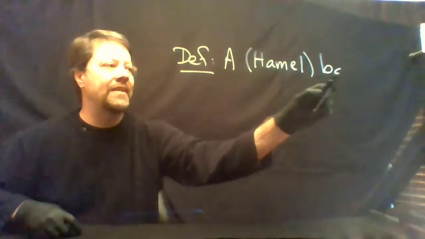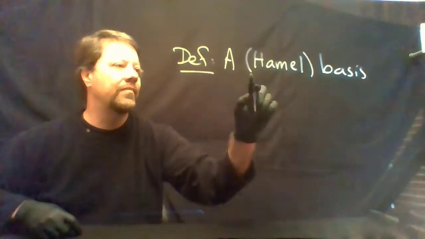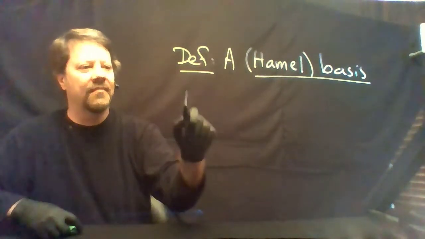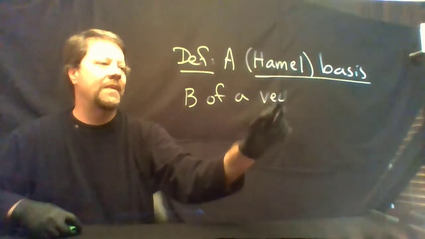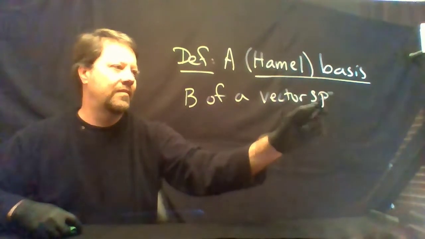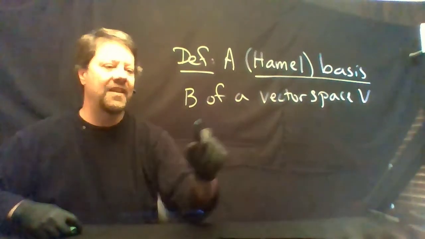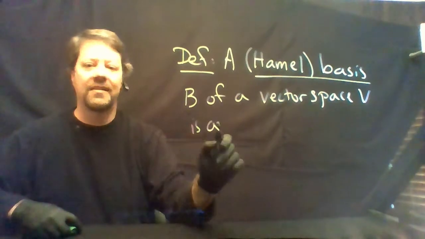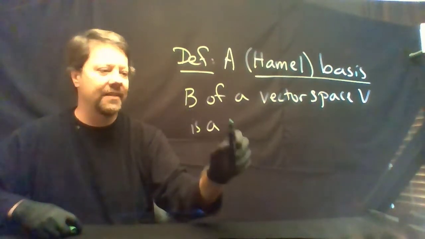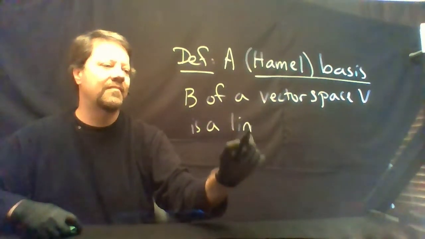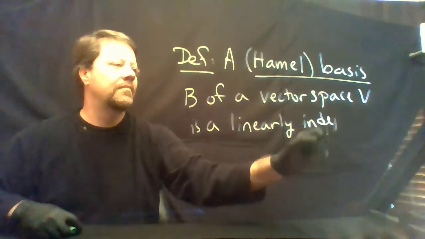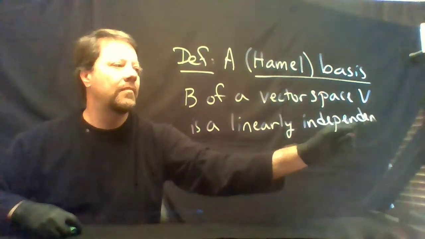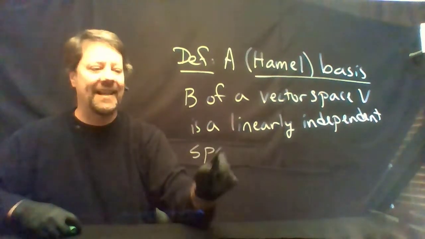A Hamel basis B of a vector space V is a linearly independent, spanning set for V.